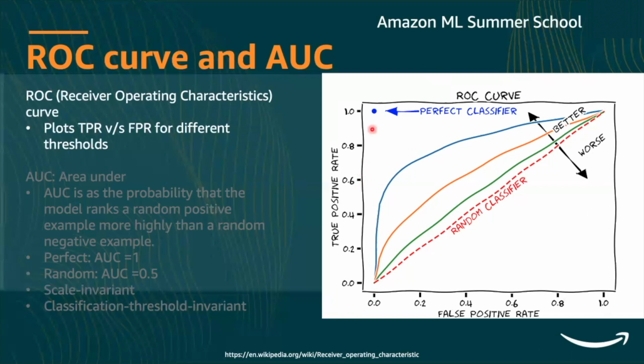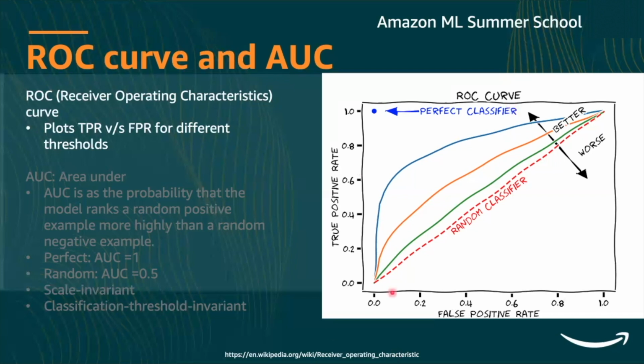Now, the best classifier ideally would have a zero false positive rate and a very high true positive rate. So (0, 1) in this plot would be the perfect classifier. But generally this does not happen because of the variability in the data itself.